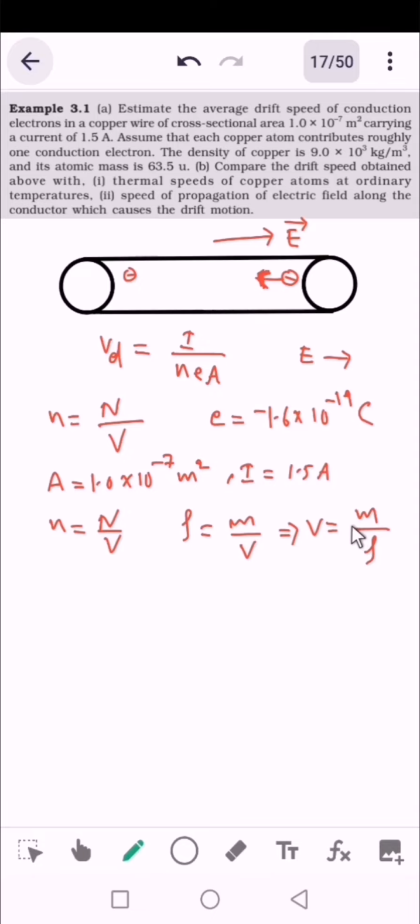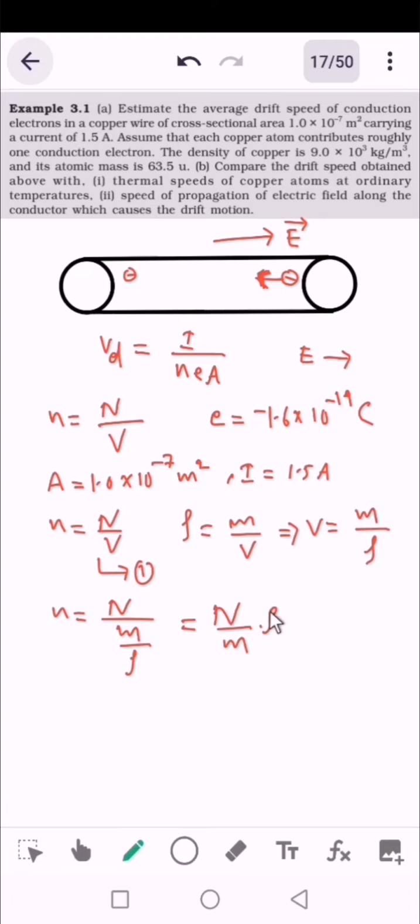So when you substitute this expression in equation number 1, you will get n equals N divided by V, where V is m by rho. So you'll get n equals N by m into rho, and this rho will come as numerator.